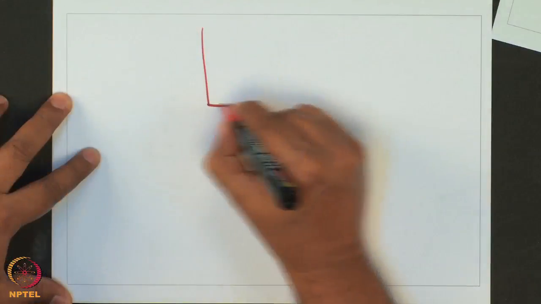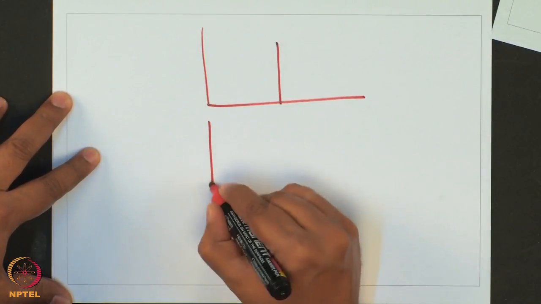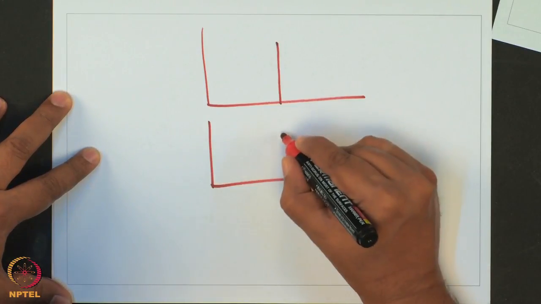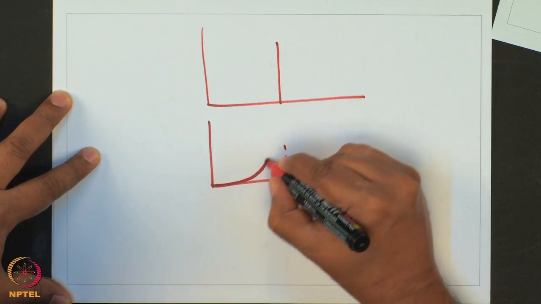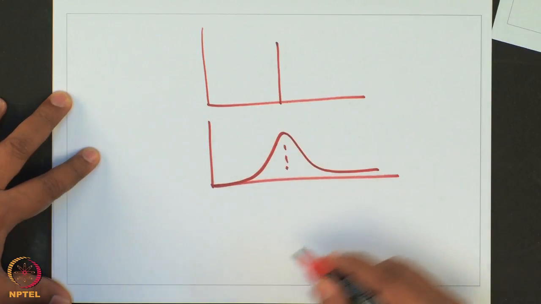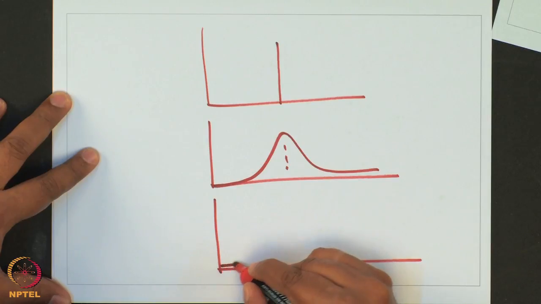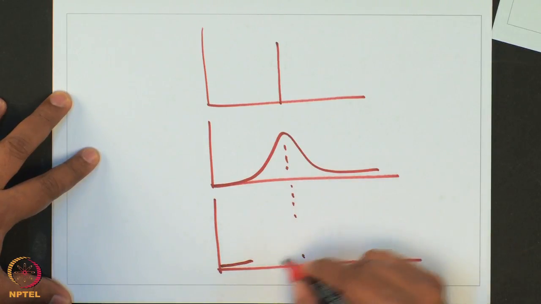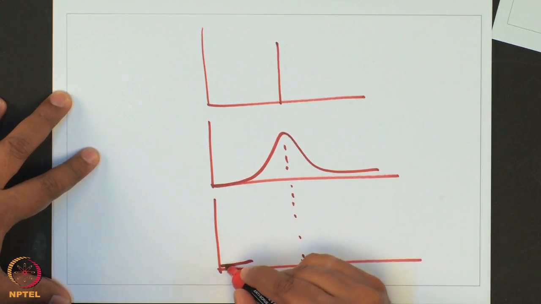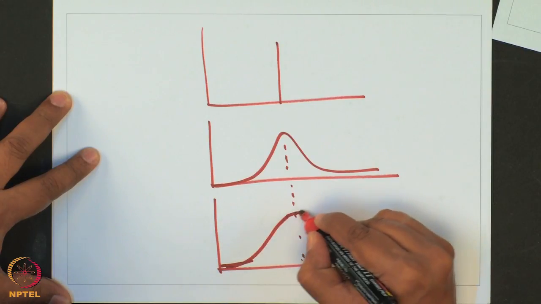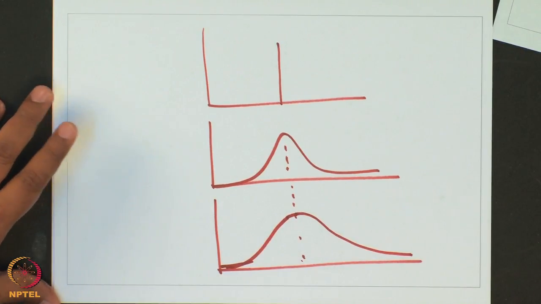Now, let us imagine this further. If I start with t equal to 0, we have a delta function, and as time goes, it would be a function like this, and as it goes further, it will spread further and further and further.